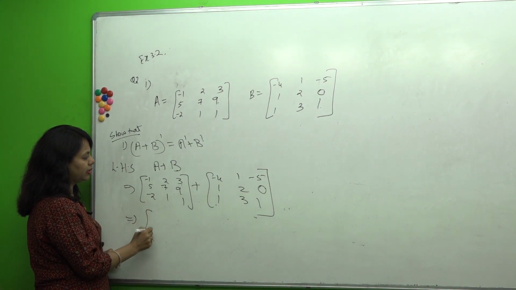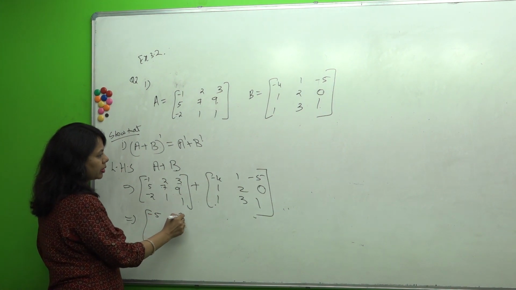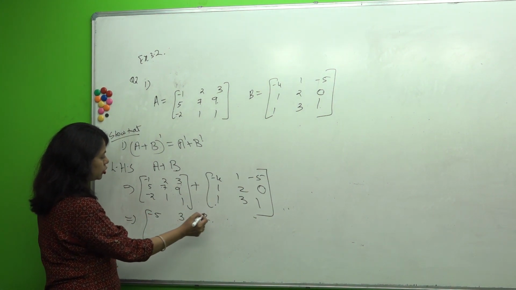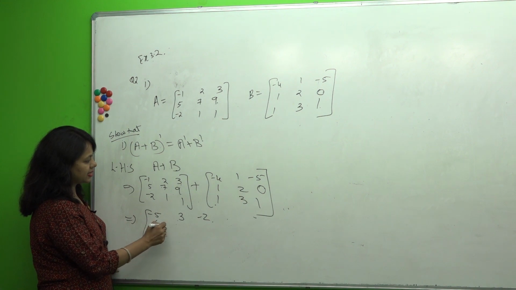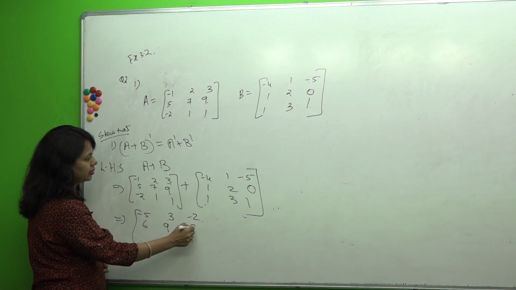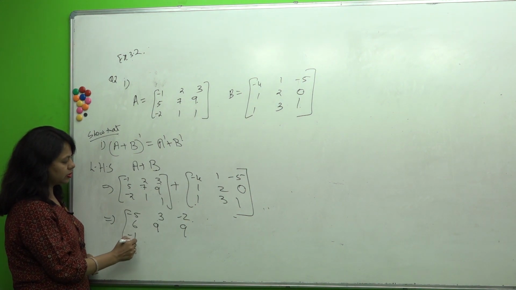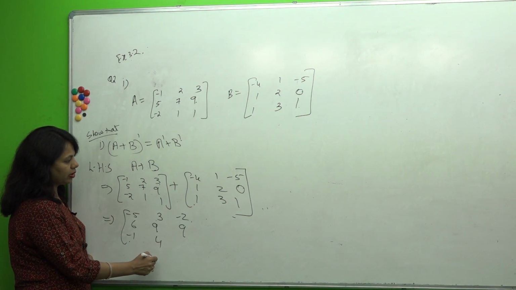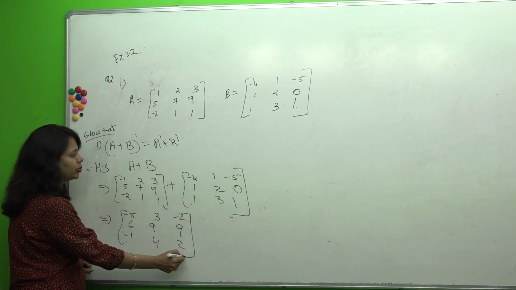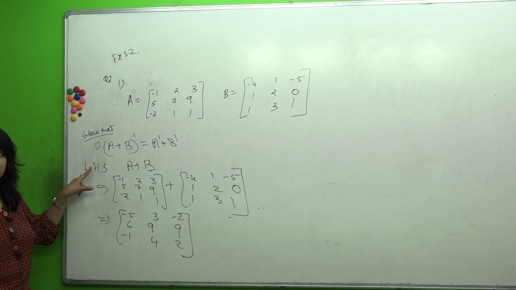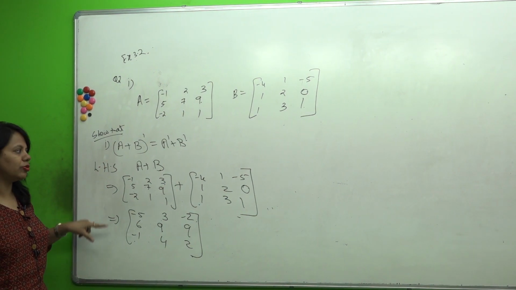You get minus 5, 3, minus 2, 6, 9, 9, minus 2 plus 1, so minus 1, 4 and 2. This is my A plus B that I have found out over here.